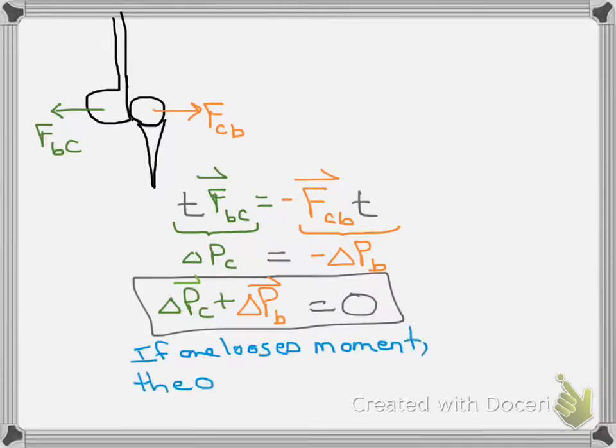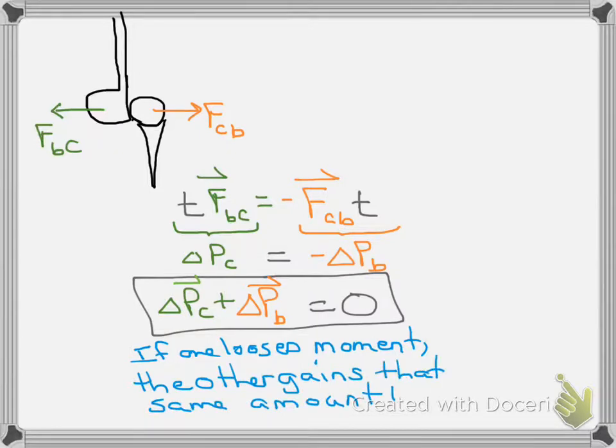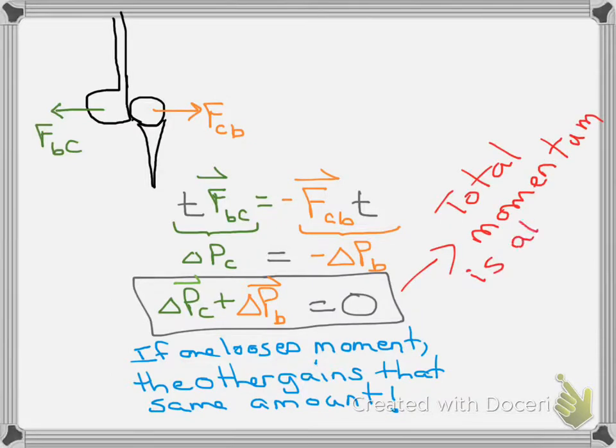So in other words, if one of these objects loses momentum, the other object has to gain that exact same amount of momentum, because the total momentum has to stay the same. This is the conservation of momentum principle, and it's the last equation on that list that I wrote at the very beginning of the semester.